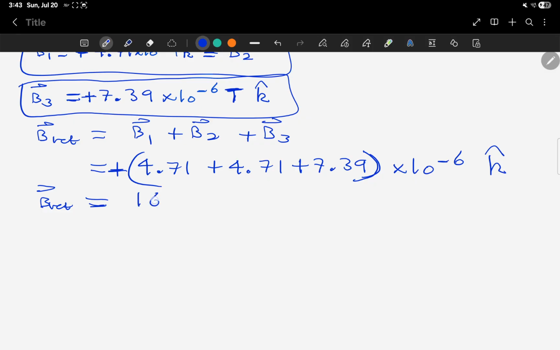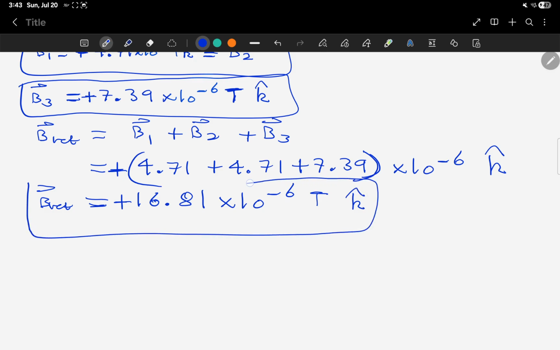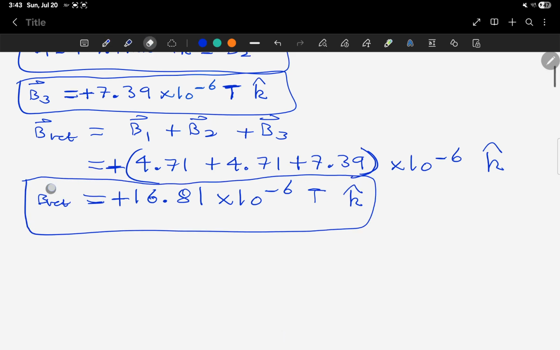That's giving us 16.81. There we go. Times 10 to the power negative 6 Tesla in the positive k hat direction. And that's just a horrible way of writing the vector notation. There we go, that's better.